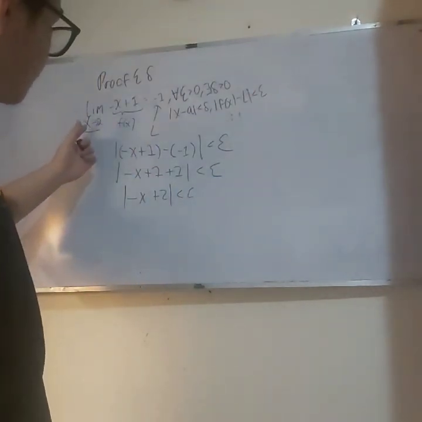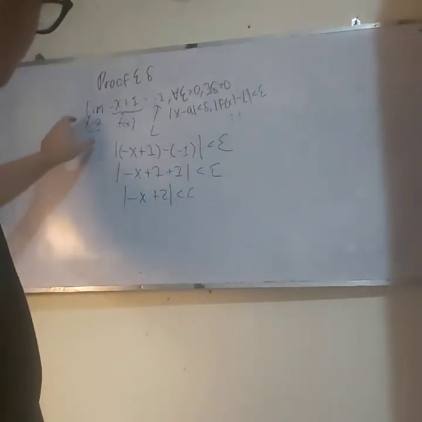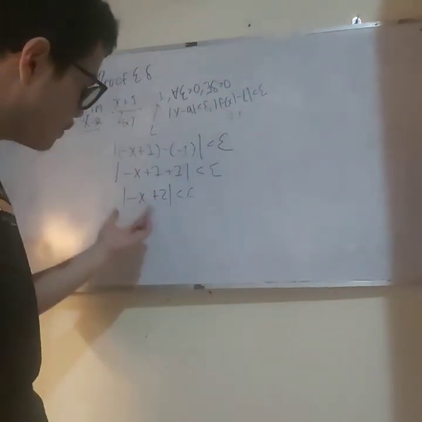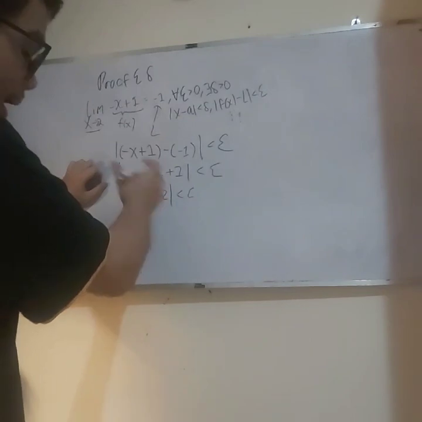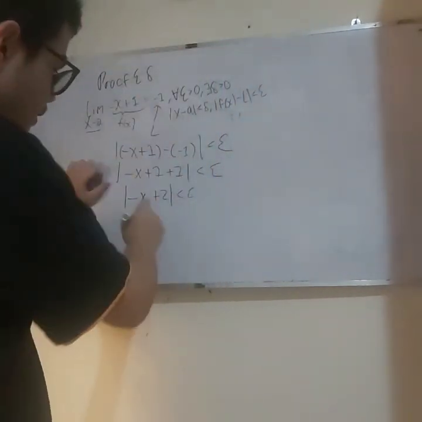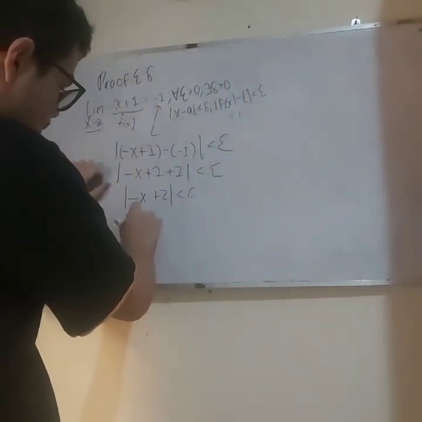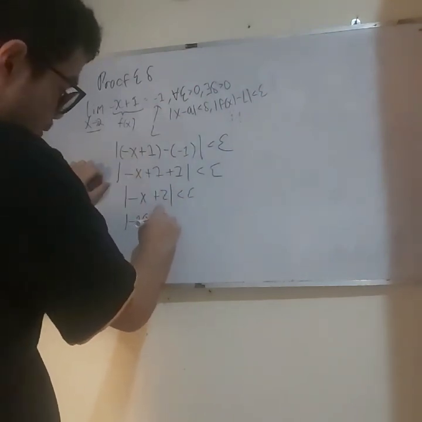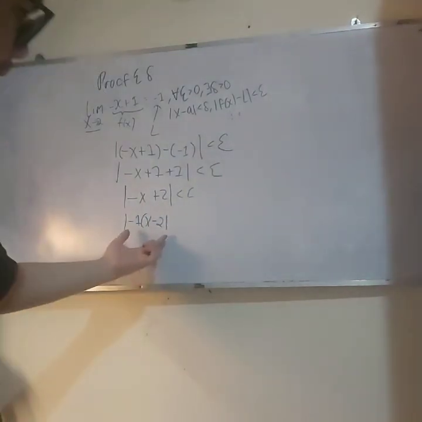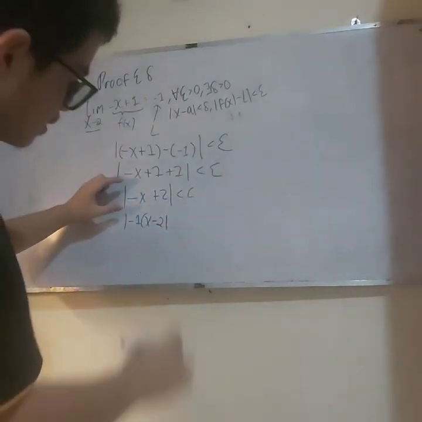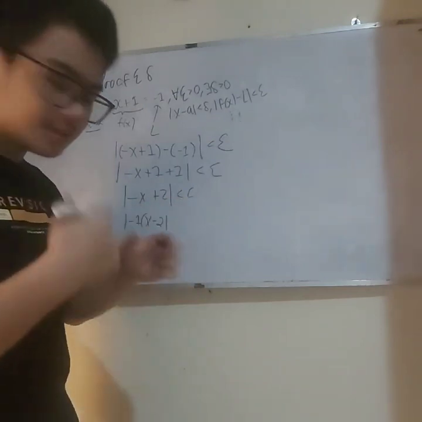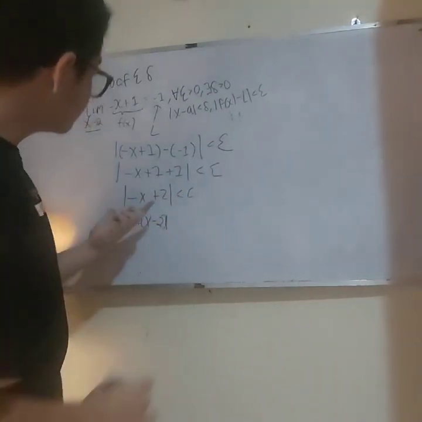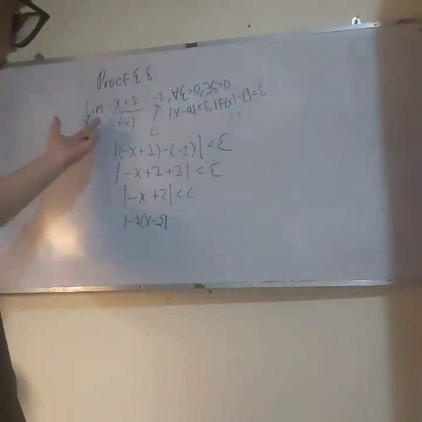Okay, it's almost close to this. We just need to manipulate it. So we take out the minus, and we have the absolute value of minus 1 times x minus 2. See, this is the same thing as this. We just think, how can we make this inside here the same thing as this here?